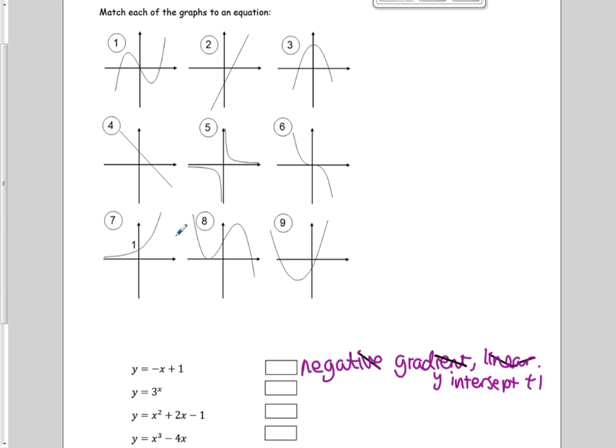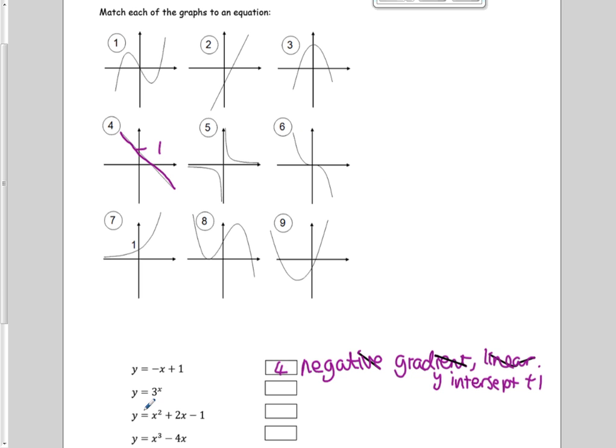So looking at the graphs that I've given, I've only got two that are linear, which is 2 and 4. And because I know that I've got negative gradient and I've got a positive y-intercept, that could be 1. And then I've got my negative gradient because of the direction of the line. So that means that this first equation matches up with picture number 4.